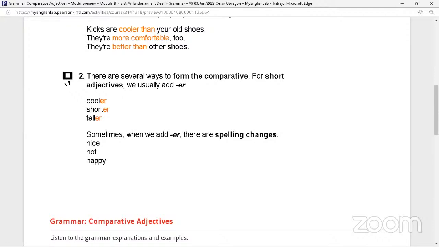Sometimes when we add er, there are spelling changes. Nice, nicer. Hot, hotter. Happy, happier.